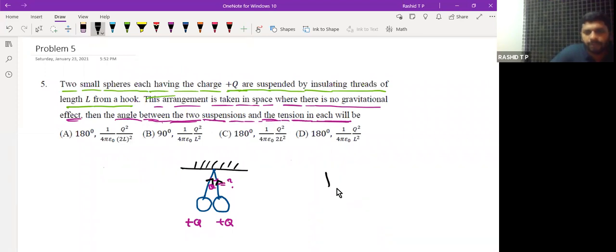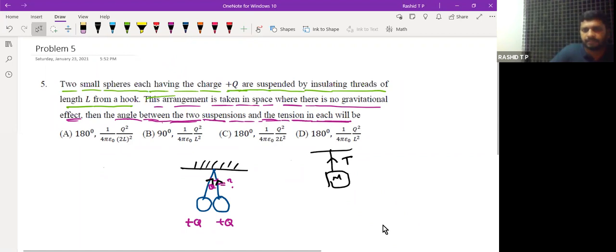Suppose you have a block of mass m suspended like this, tension is always pointed away from the mass. This is the tension. Tension is nothing but a force. Here we need to find out this tension, that is a force. What is this force and what is the angle, if both charges are plus q and there is no effect of gravity? Can you do this one?